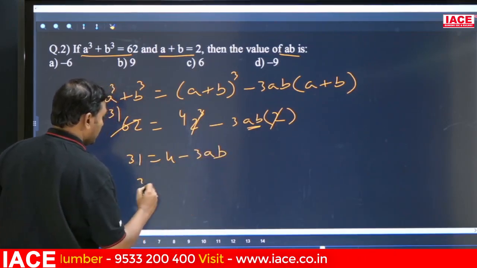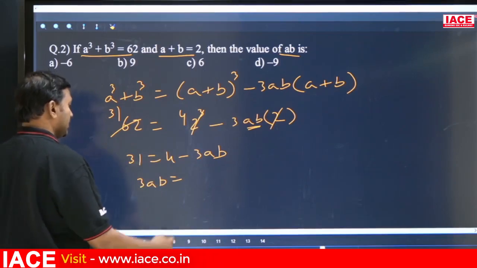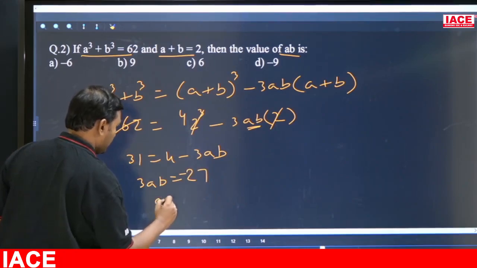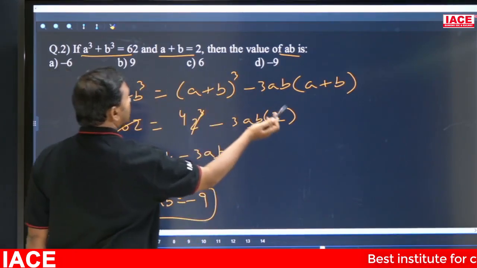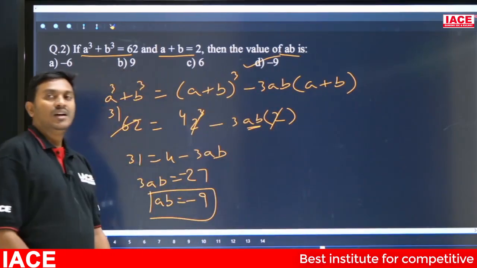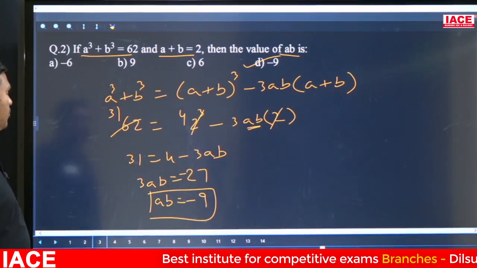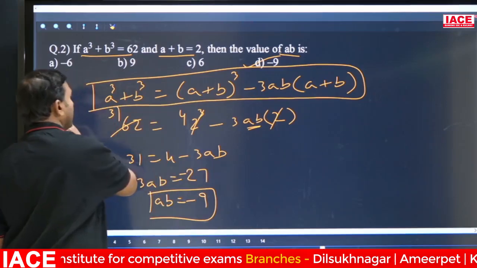So 3ab equals 4 minus 31, which is minus 27. So ab equals minus 9. Option D is the right answer. Simple question. We only have to know the formula. Once you know the formula, the problem is over.